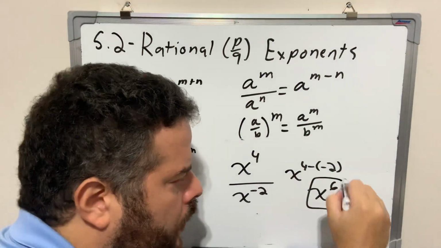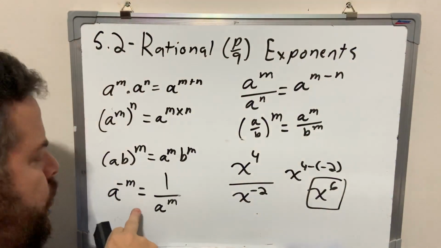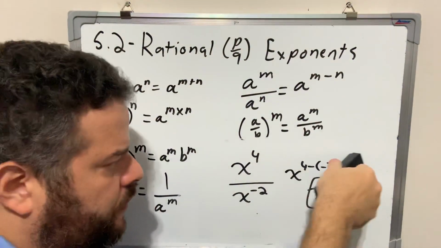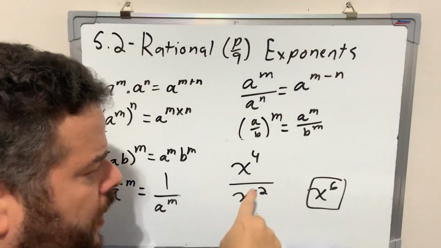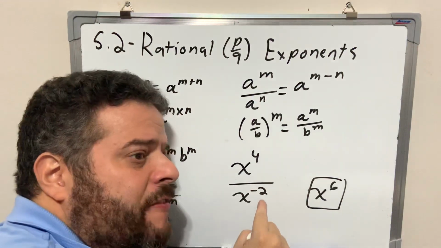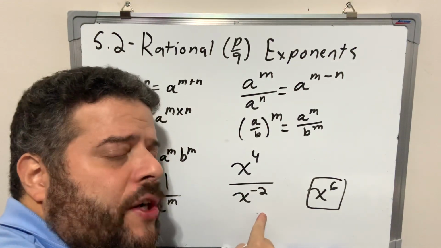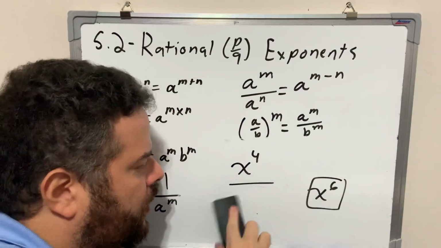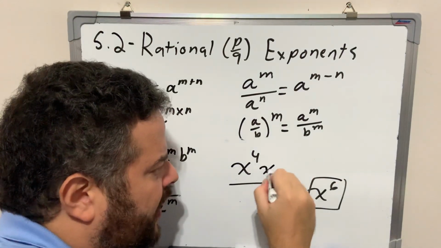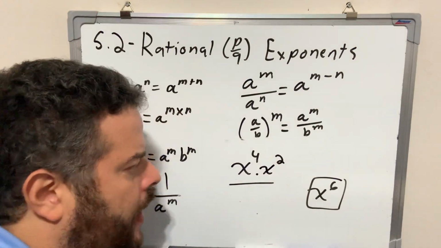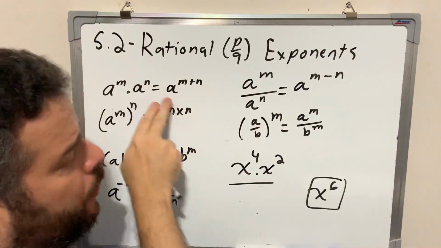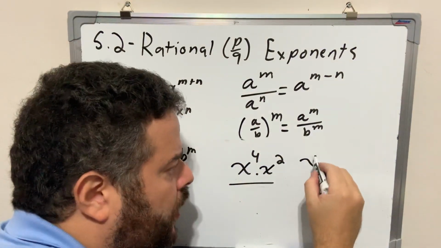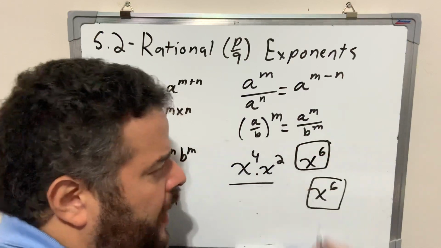Okay. Now let's use the other rule to solve. The exact same one. It's a negative exponent. I want to turn it into a positive exponent. So I move it to my numerator as x squared. And with the product of powers, you add the exponents, and you're left with the exact same answer.